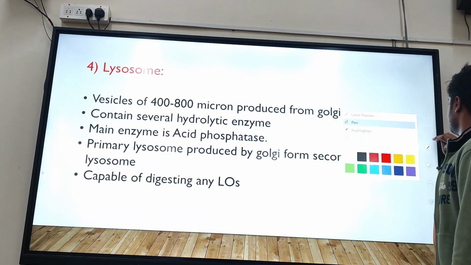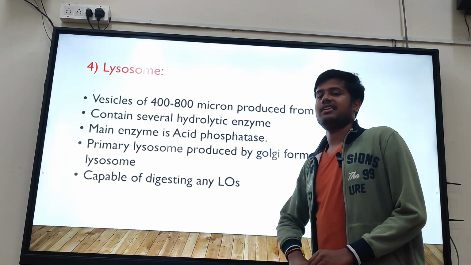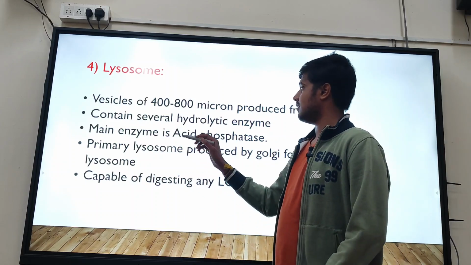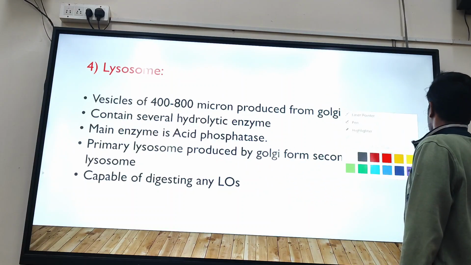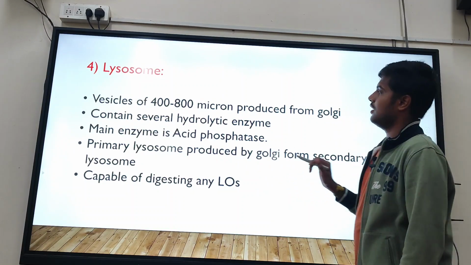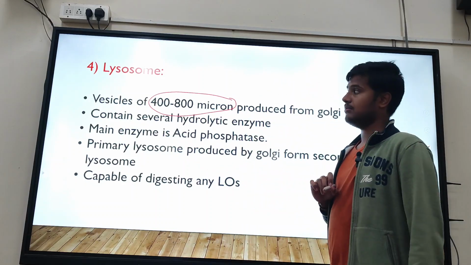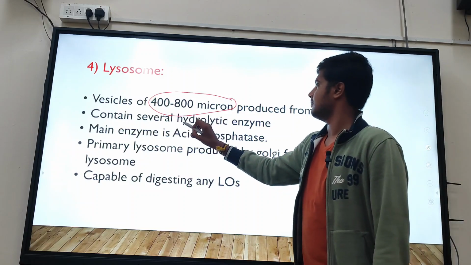Let's move to another cell organelle, that is lysosome. It is known as the suicide bag of the cell. It has vesicles of 400 to 800 micron produced from Golgi. It contains several hydrolytic enzymes.